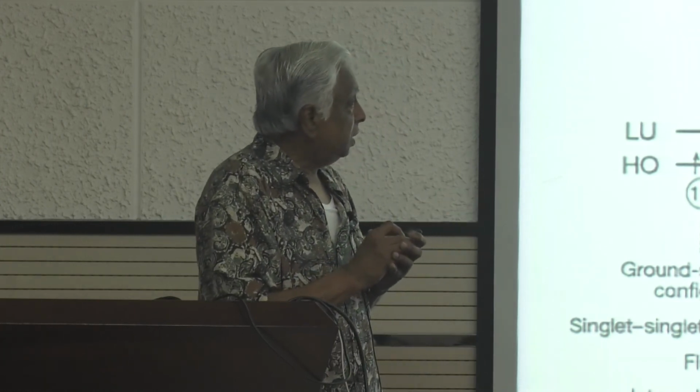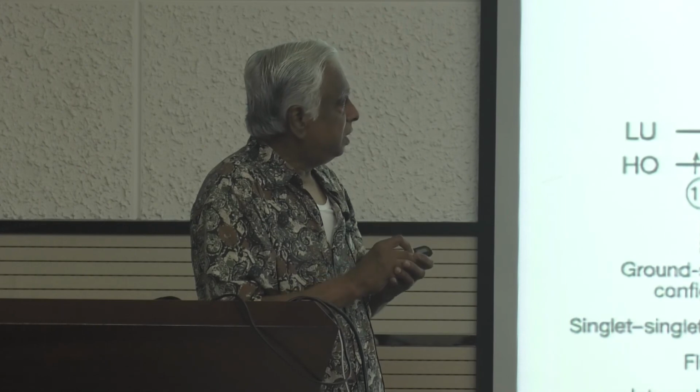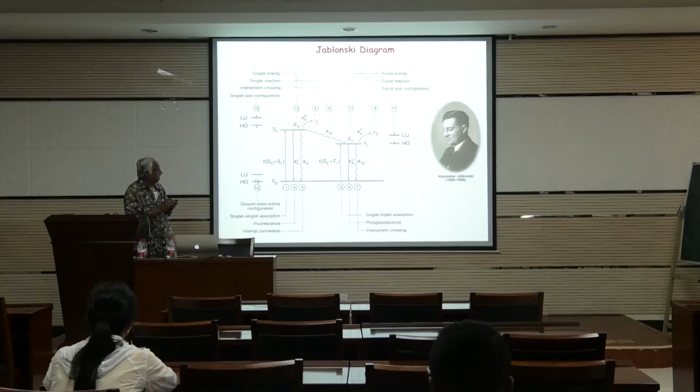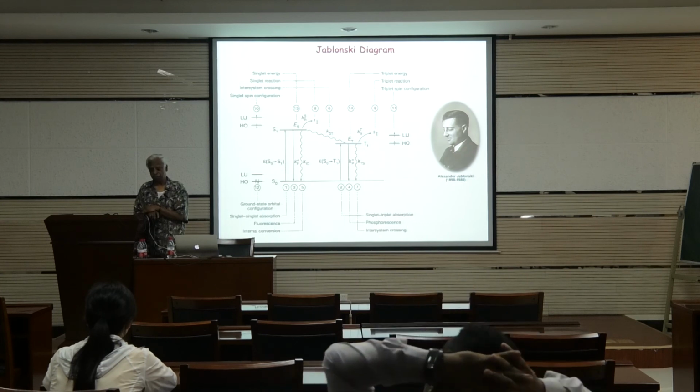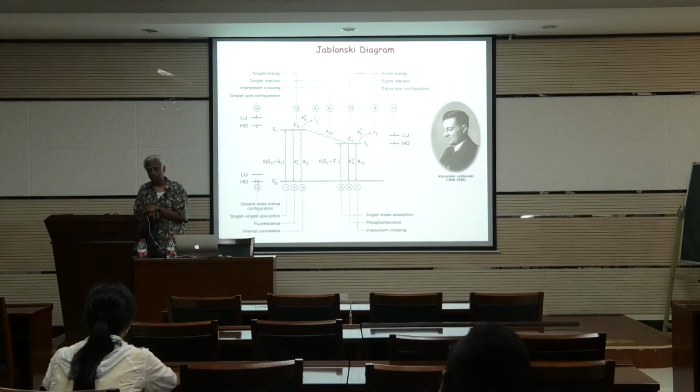So the energy of this state, the energy of that state, and also how long it lives, is controlled by how fast they come down. Faster it comes down, the lifetime will be, okay, tell me, if it comes faster, the lifetime will be short or long?